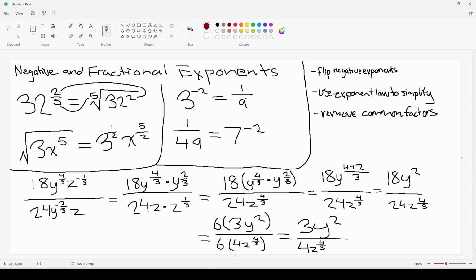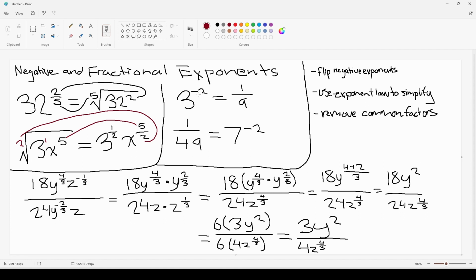We take the numerator, and I like to think of it as it kind of just holds on to it when it's in the root. And we can think of this the other way as well for something like root 3x to the 5th, where 3 to the 1 over 2 is how we see it in here, with the imaginary little 1 here and the imaginary 2 here. And you can see with the x, we keep the same logic, where it keeps the numerator and the denominator just goes over here.